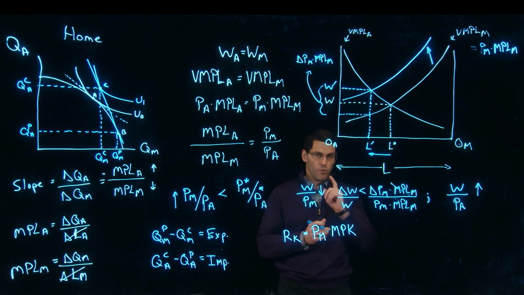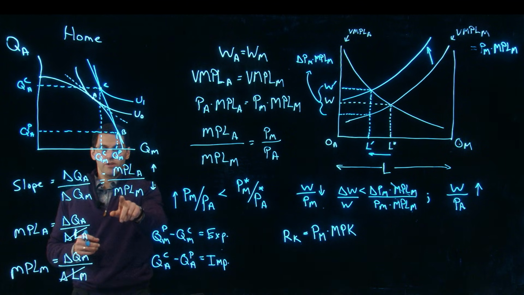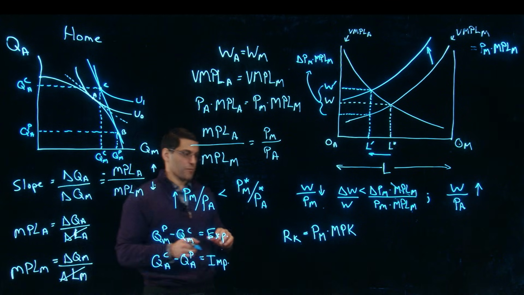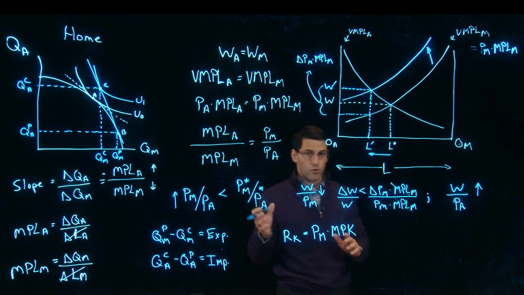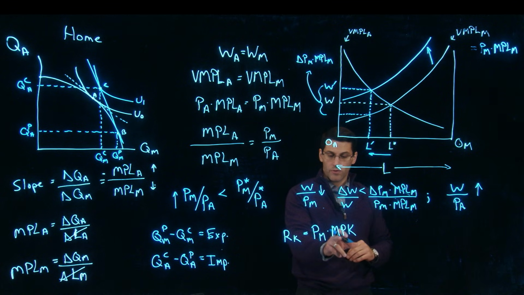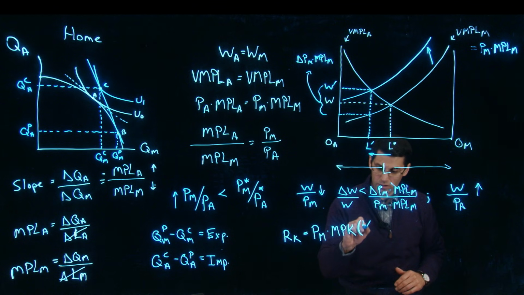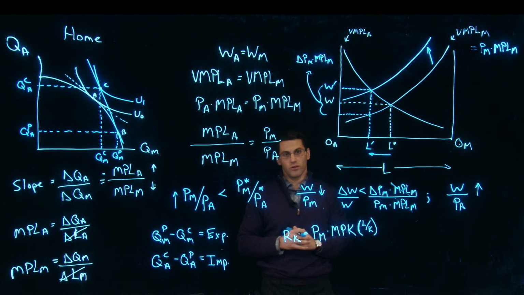But what happens to the marginal product of capital? So here, we come back to these notions of the marginal products. And actually, we come back to what we said in the early part of this lecture. The marginal product of capital is itself a function of the labor to capital ratio.